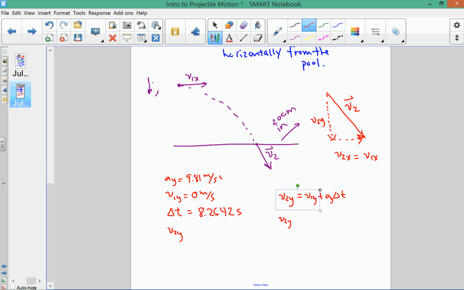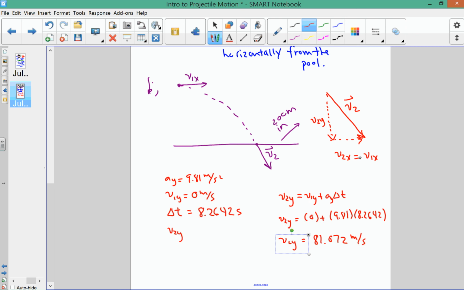So v2y is 0 plus 9.81 times 8.2642. In our calculator, this is just 9.81 times 8.2642, 81.072 meters per second.